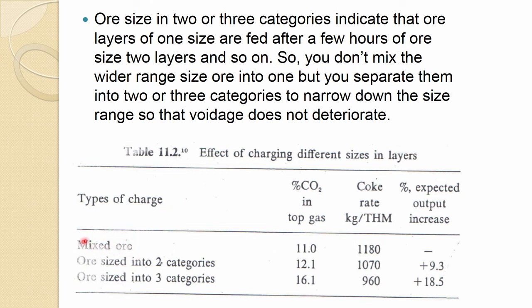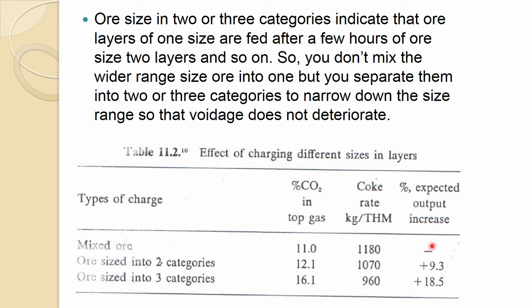So, if you are having everything mixed together, the percentage of CO2 in the top gas is 11%, which means you are probably having more CO. So, it is not properly utilized. Coke rate is very high, but of course, these are the old data. Coke rate is almost 1.2 ton per ton of hot metal.